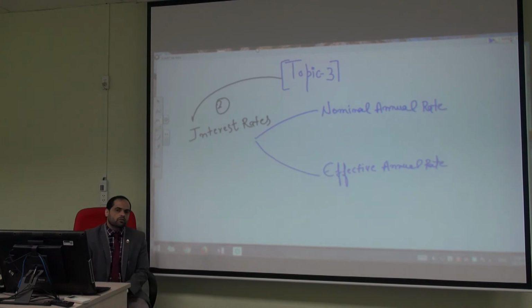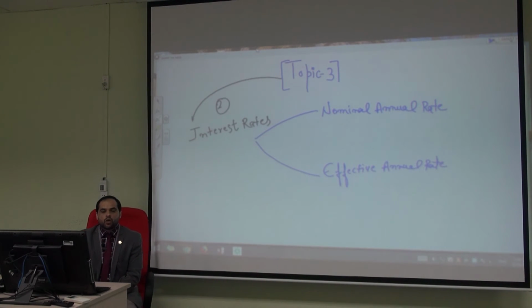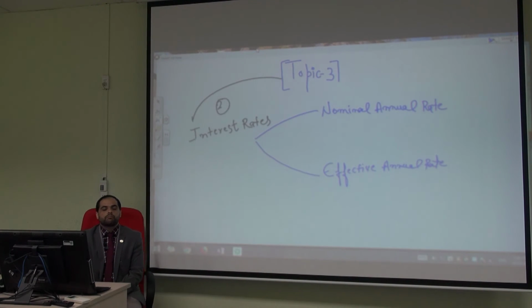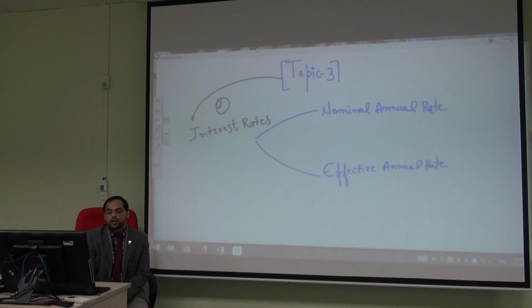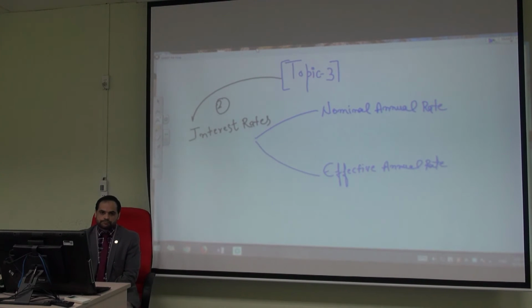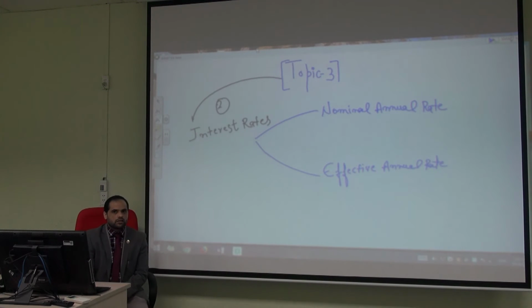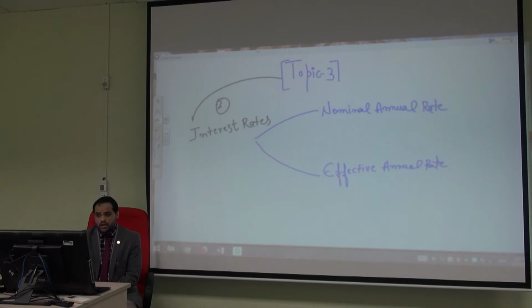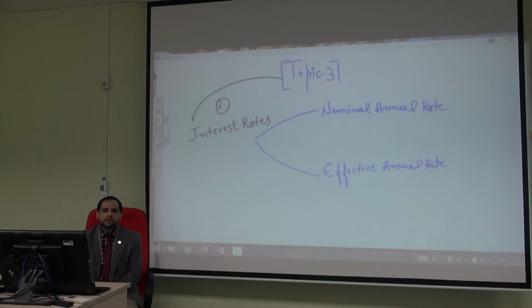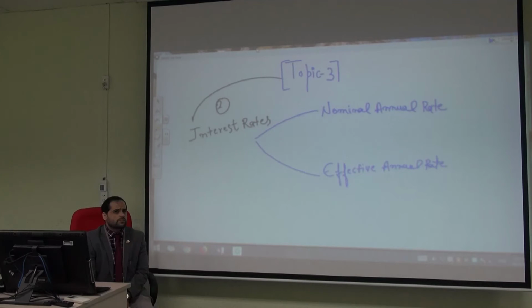So nominal annual rate is the rate that normally a bank offers to a lender or borrower, right? Normally, whenever a bank offers a rate of interest or rate of investment, the bank gives that rate annually for 1 year, alright? But it doesn't mean that we are going to be involved in that investment for 1 year.